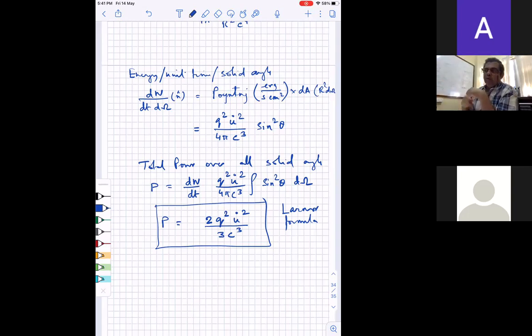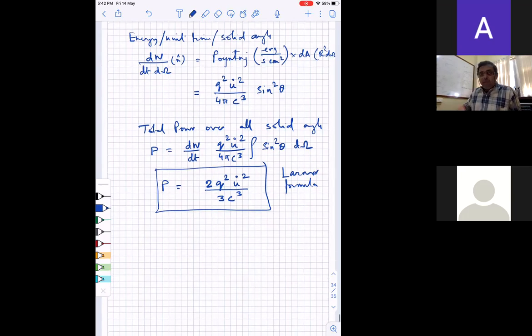So if I want to calculate how quickly the charged particle will cool, how far the charged particle will move because it is radiating, this is what we're going to use all the time. This is the simplest formula, one particle, non-relativistic, and it's a very simple closed form equation. You get the total power radiated by a charged particle. One of the classic formulas in physics, called the Larmor formula.